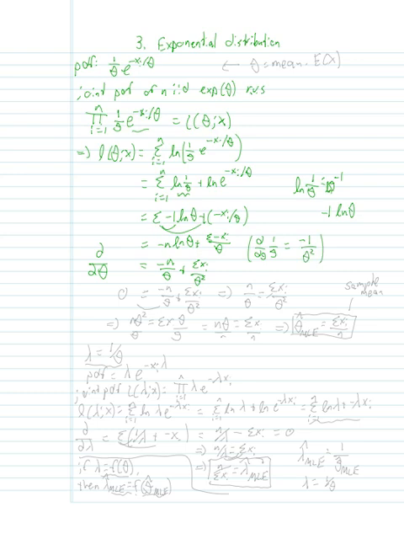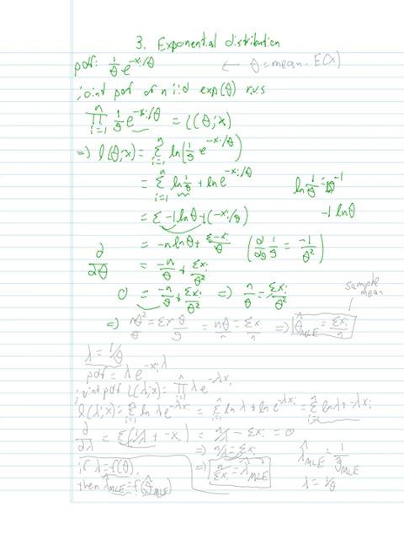So now we set this equal to 0, and we have 0 equals negative n over theta plus sum of xi's over theta squared, or we can add this over and get n over theta is equal to sum of xi over theta squared.